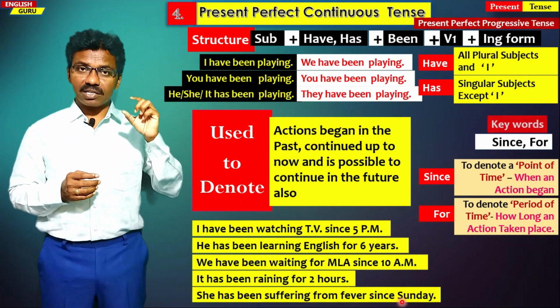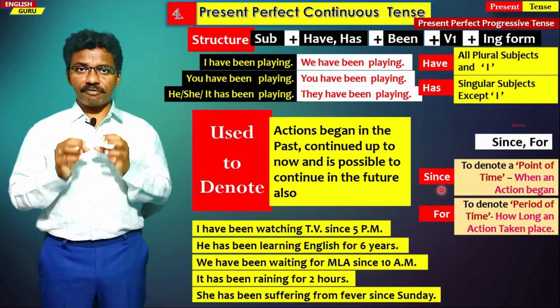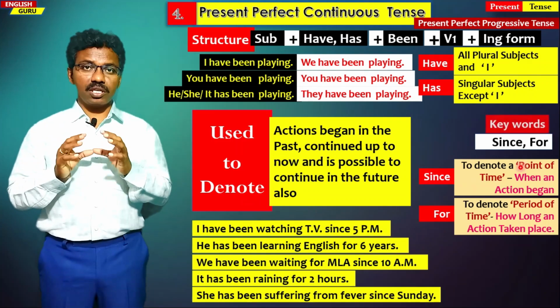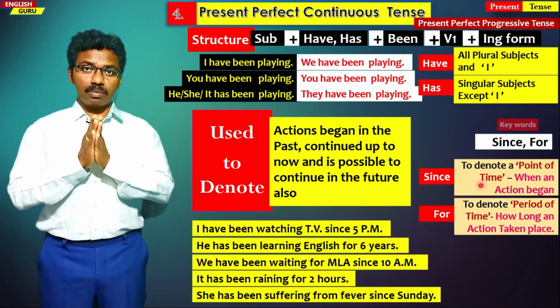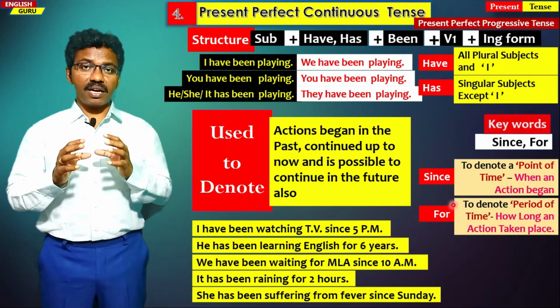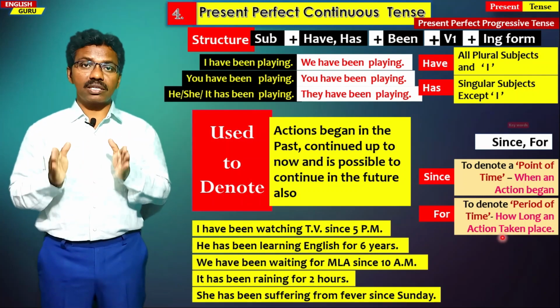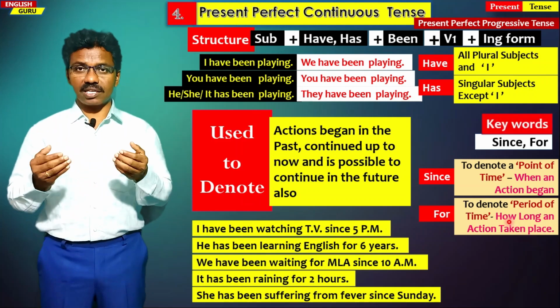So the action started on Sunday. So that's the reason since. So this is how since and for are used. Since is used to talk about a point of time, that is when an action began, whereas for is used to talk about a period of time, that is how long that activity has taken place in a sentence.